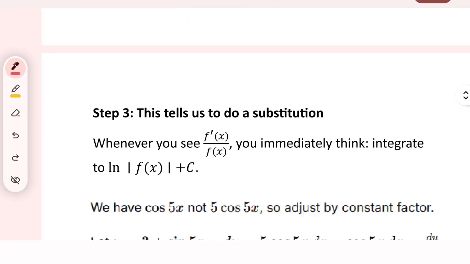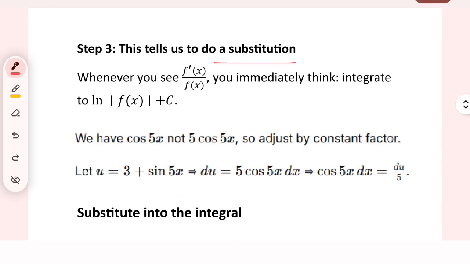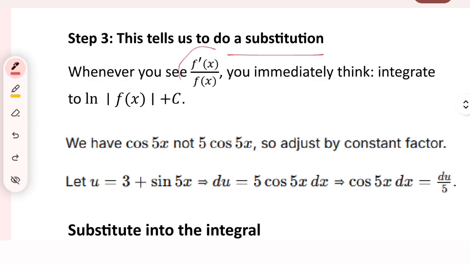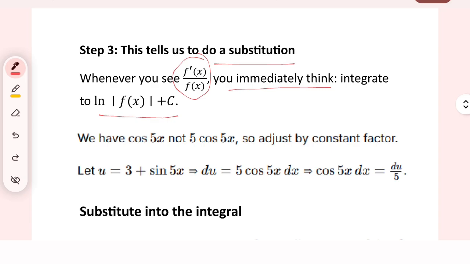So this tells us to do a substitution. We can let u be the denominator and then solve for du. So whenever the numerator is the derivative of the denominator, you can immediately think of this kind of integral.